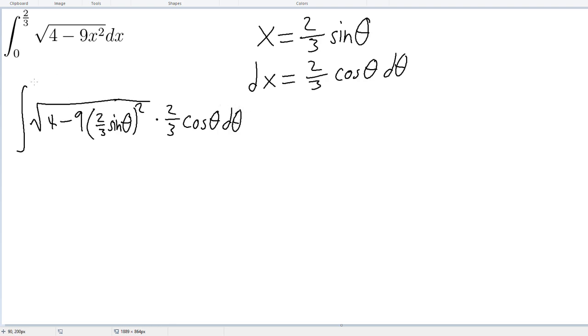Now we have bounds, which we have to be careful about. Because we're letting x equal something rather than theta equal something, it's kind of working backwards. Because this is a dx, these bounds are x bounds, not theta bounds. So we'll be plugging these into x.